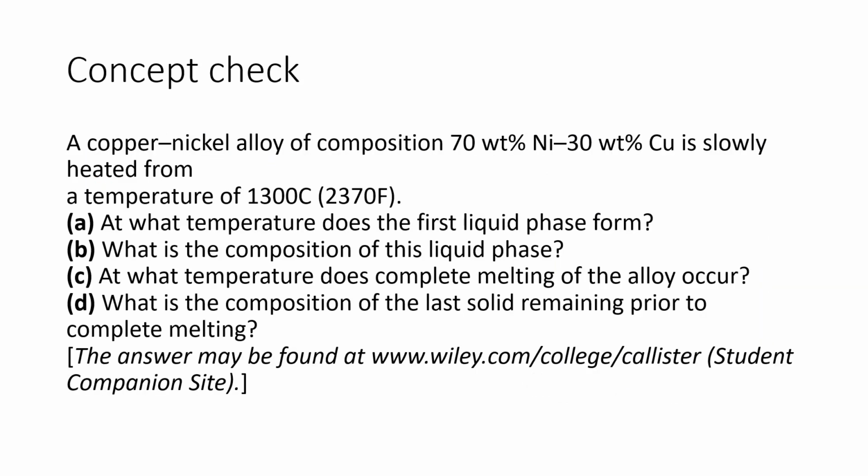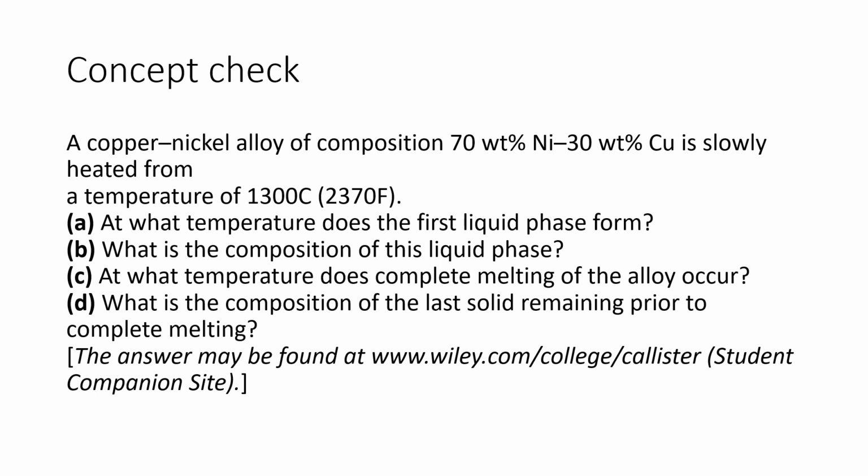Concept check. A copper nickel alloy of composition 70% by weight nickel and 30% by weight copper is slowly heated from a temperature of 1300 degrees centigrade. At what temperature does the first liquid phase form? What is the composition of the liquid phase?